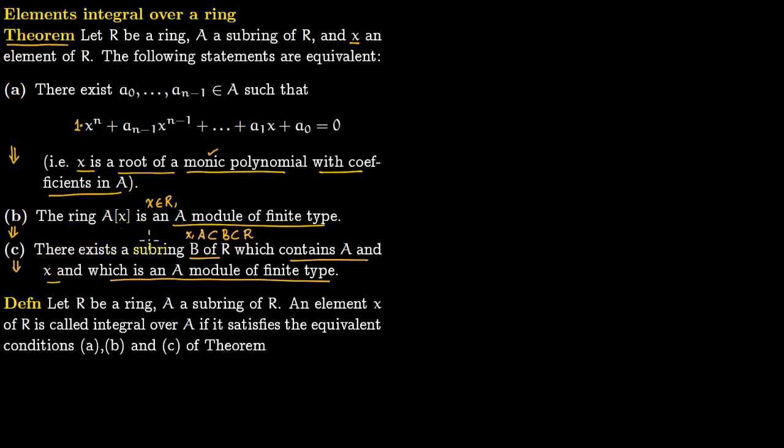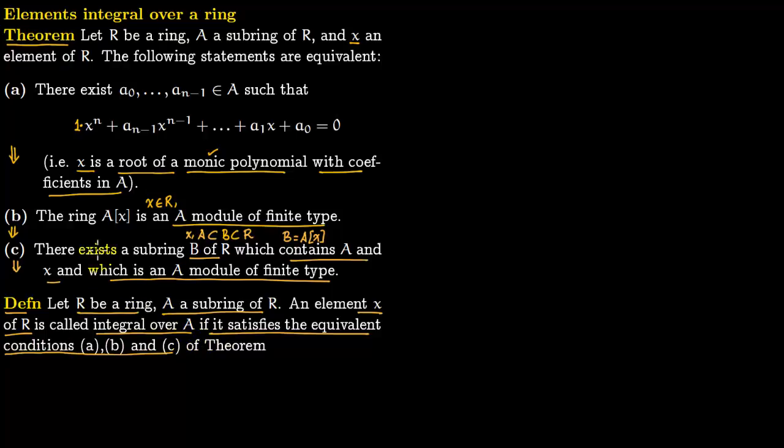B implies C is very easy to see. You just take B as this A[X]. Then it satisfies everything, and in B we already have A-module of finite type, so we don't have to worry about anything. So now we come to the proper definition. Let R be a ring, A a subring of R. An element X of R is called integral over A if it satisfies the three equivalent conditions A, B and C of the theorem here.